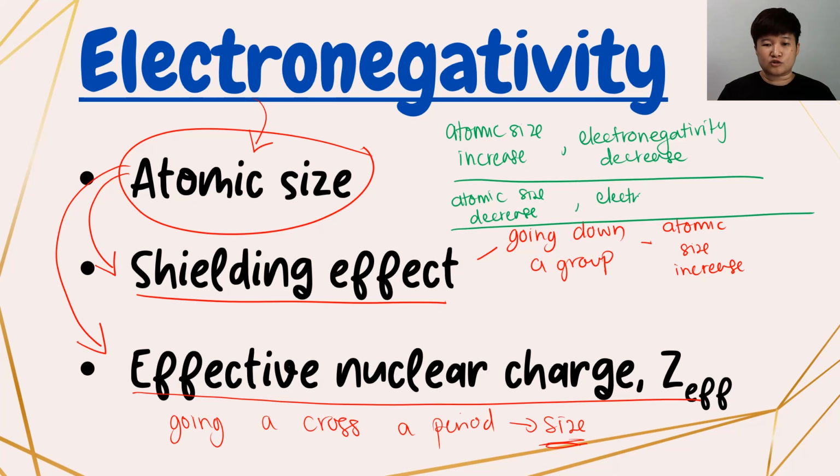Your electronegativity increases because it's easier to attract electron, because when the size is smaller, the nucleus attraction to the valence shell is stronger. So when the force of attraction is stronger, the electron out there is easier to go in. So electronegativity increases. Bear that in mind, electronegativity is the ability to attract electron.